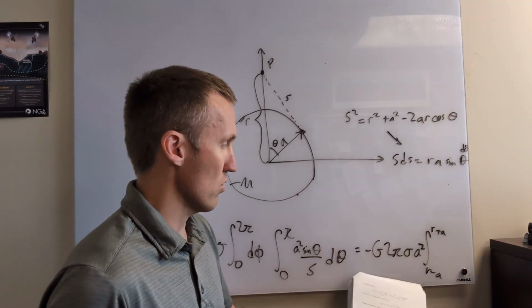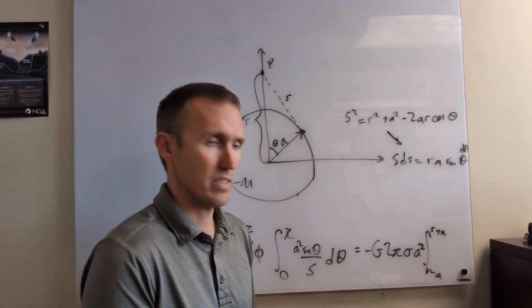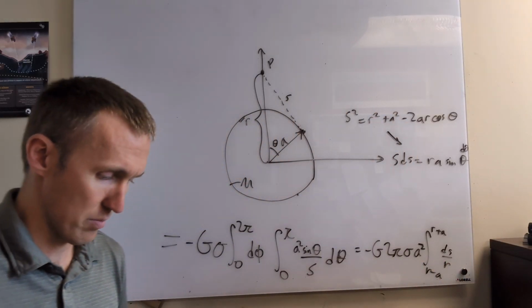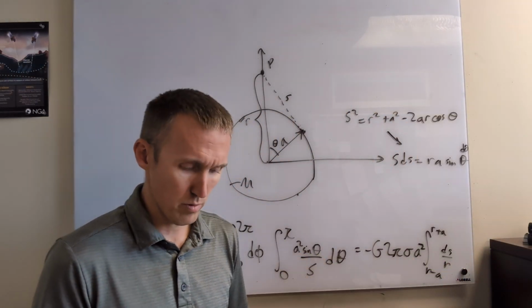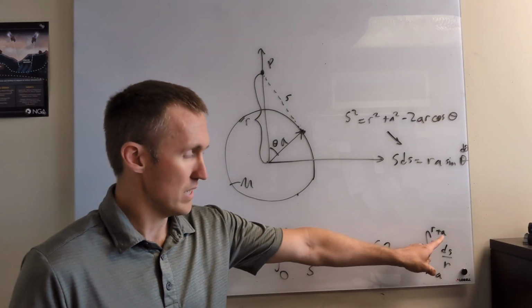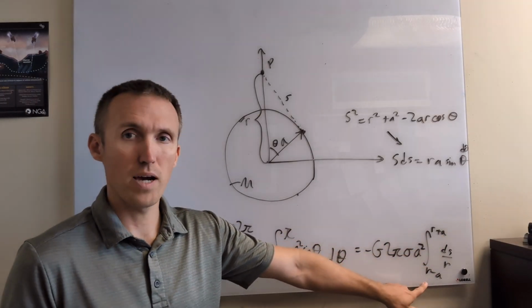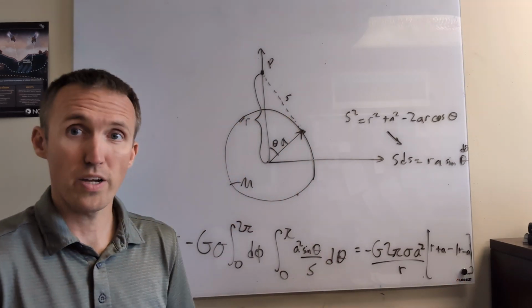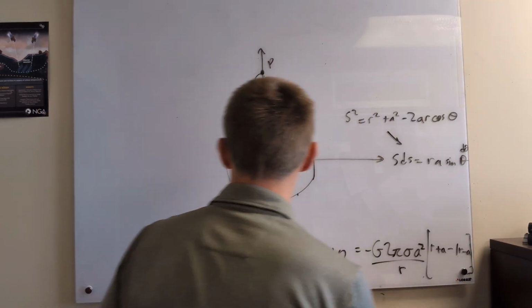It's now going to be an integral from the absolute value of r minus a to r plus a of ds over r. So 1 over r times ds. 1 over r is a constant with respect to s, so that pulls out, and we'll just end up with r plus a minus the absolute value of r minus a. So let me erase and write down our final formula.